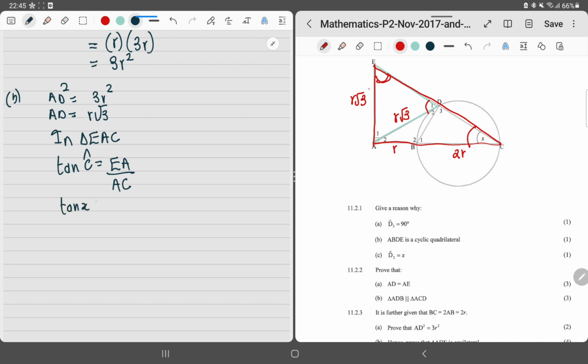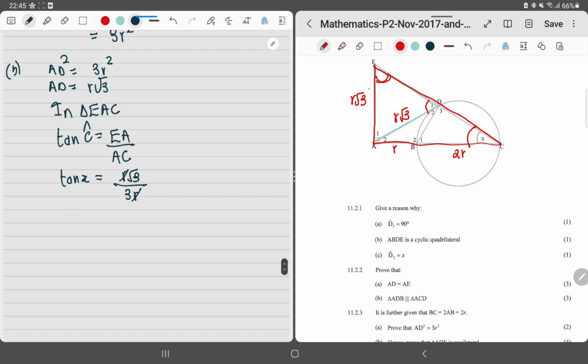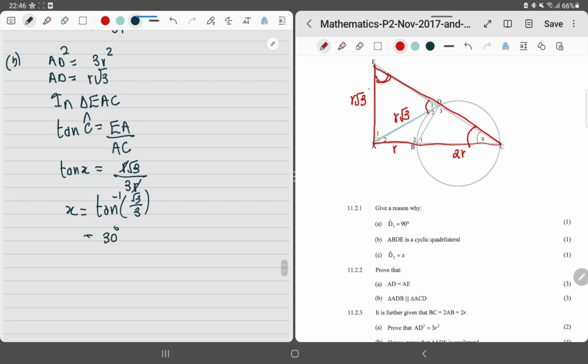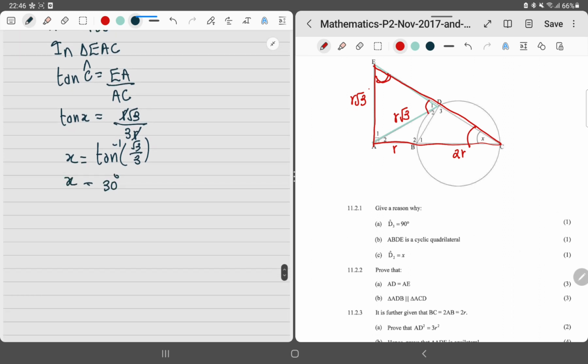So tan of x is equal to R root 3 over 3R. So x should be equal to the inverse tan of root 3 over 3. So I'm getting this to be 30 degrees. That's the value of x.